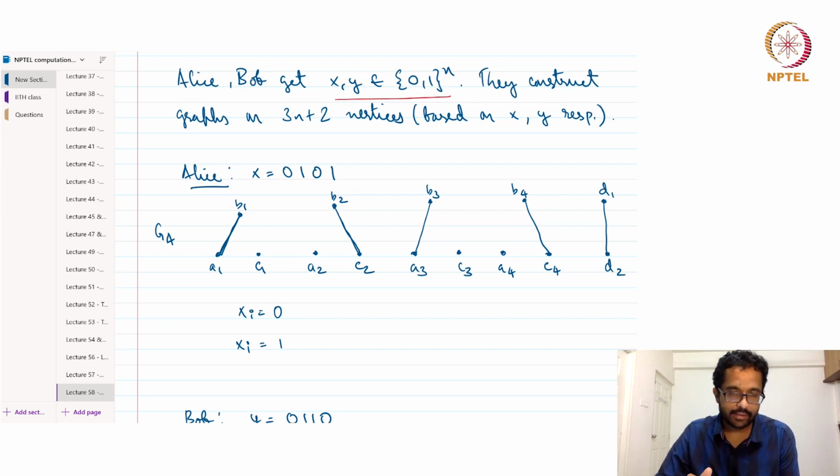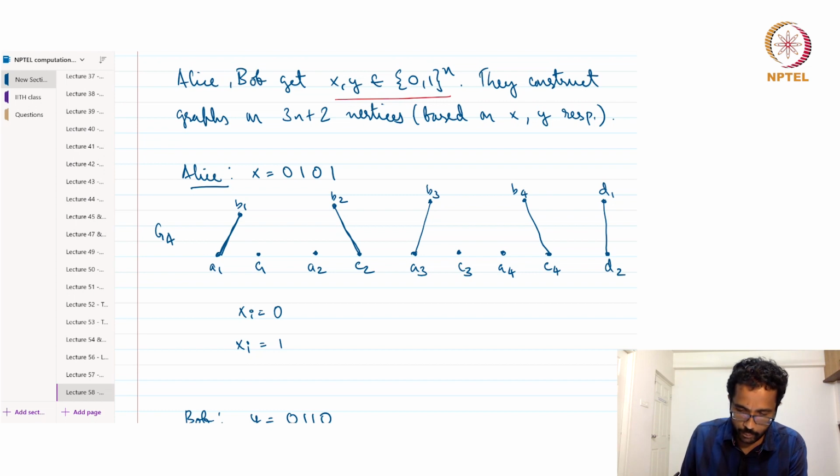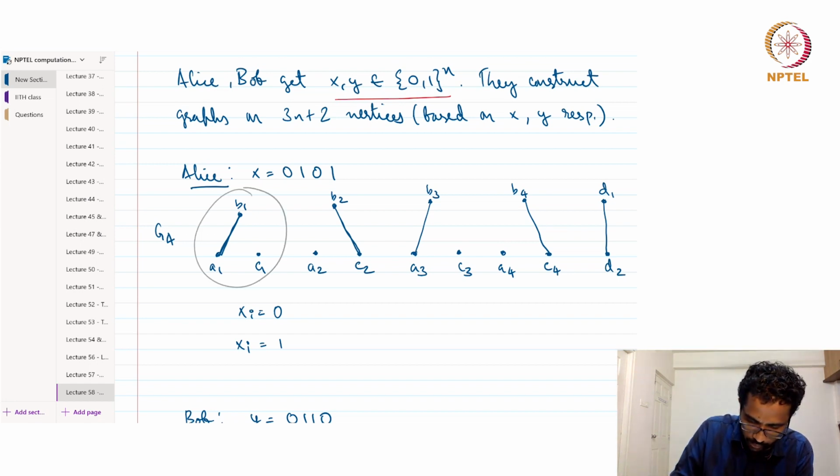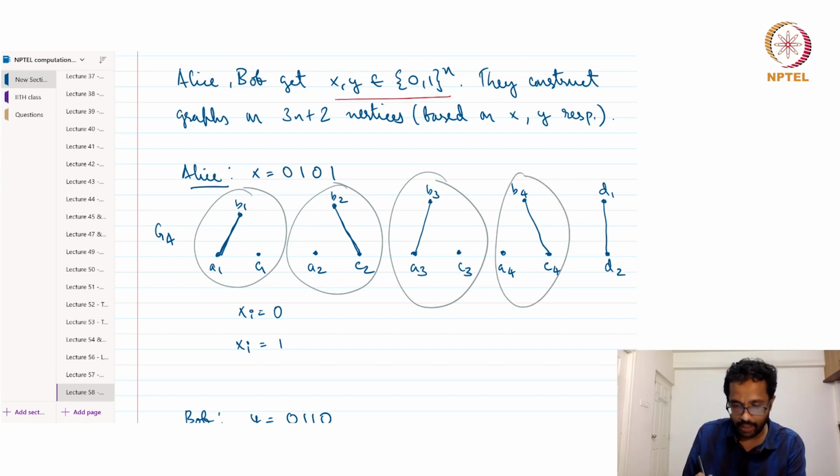Both of them will construct graphs on 3n plus 2 vertices, and their construction will be dependent on the strings that they have. So the 3n plus 2 vertex graph looks like this. Let's say n is equal to 4, then we have 4 such 3 tuples: a1, b1, c1, a2, b2, c2, a3, b3, c3, and a4, b4, c4.